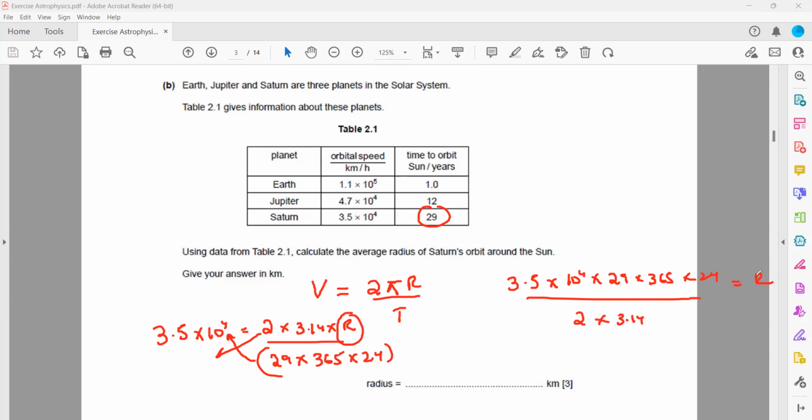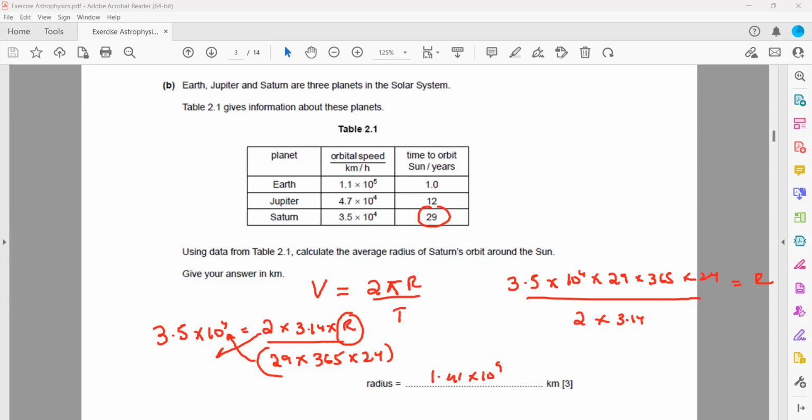This will give us the orbital radius of Saturn. When you simplify this, it will be about 1.41 into 10 to the power 9 kilometers.